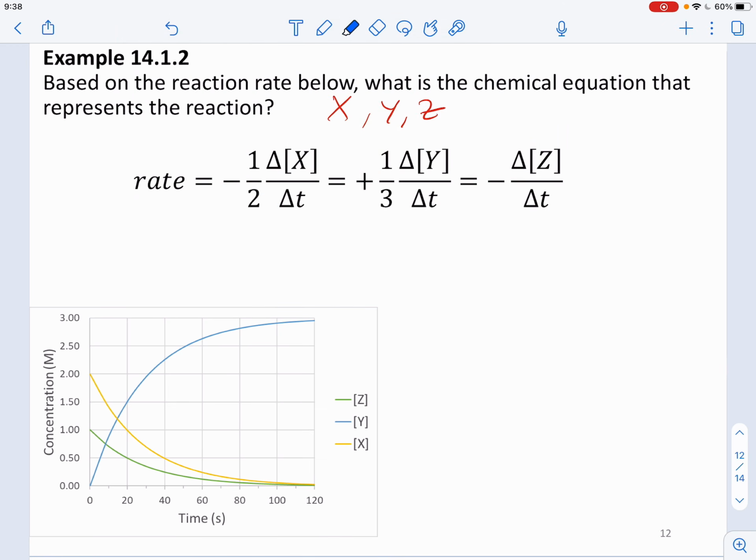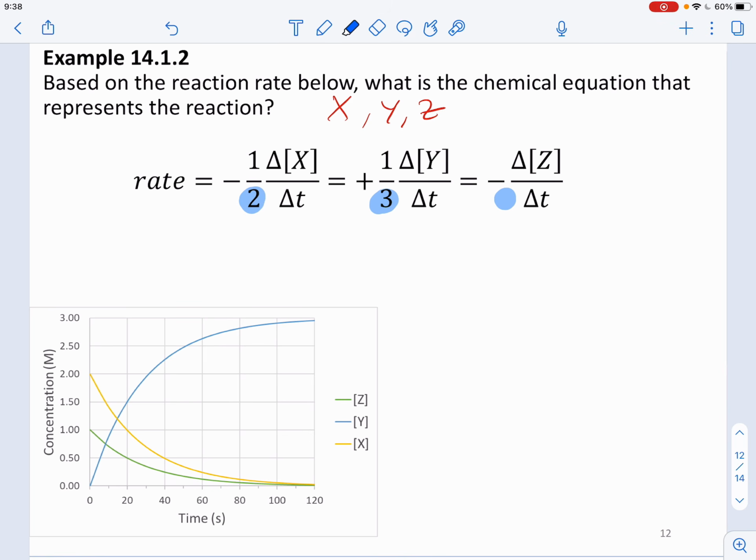Because you have here, well, there is none here, but you already know that this is 1 over 1, right? Now let me erase that. That is related to the stoichiometric coefficient for each one of these species.